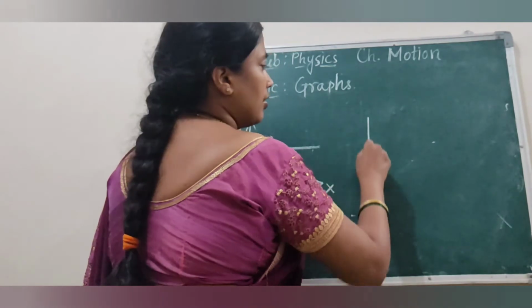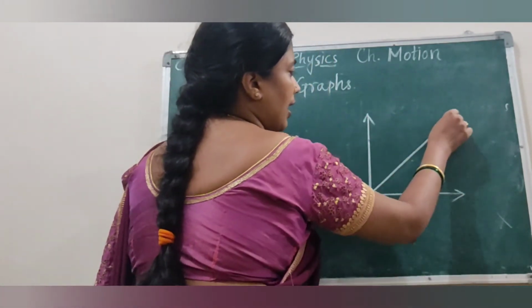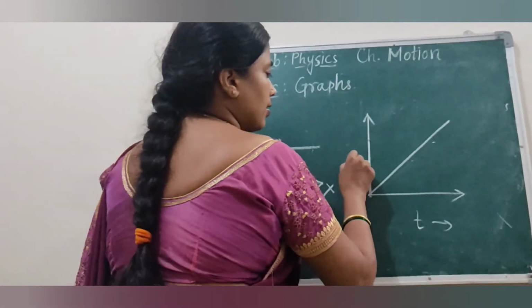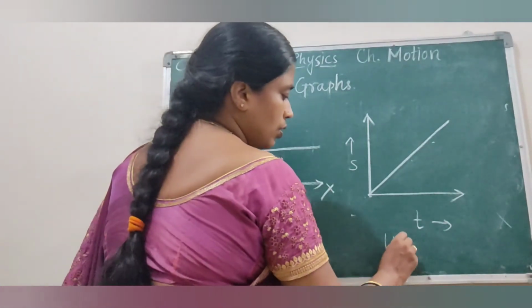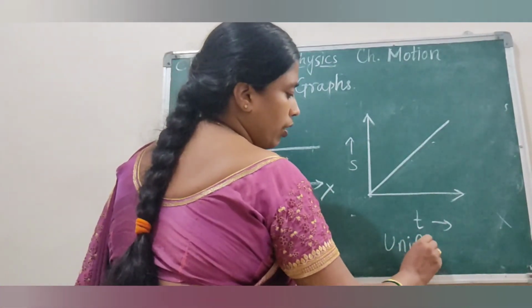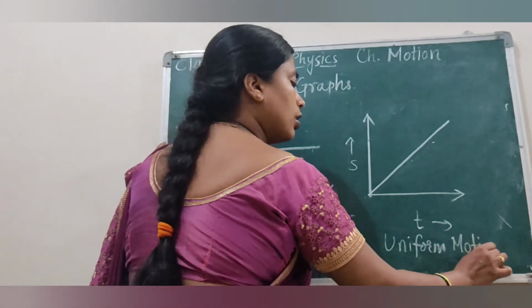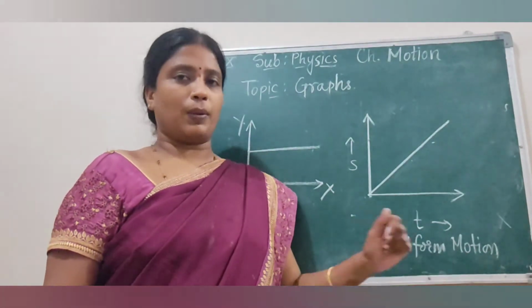And if the graph is a straight line inclined to the time axis, then this type of motion is known as uniform motion, or the object is said to be moving with constant speed.